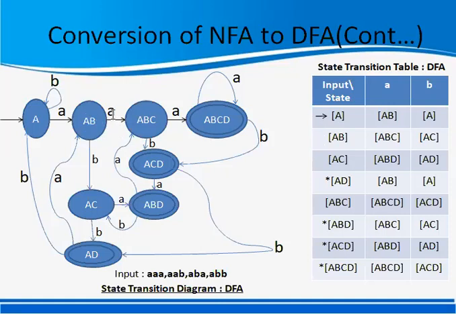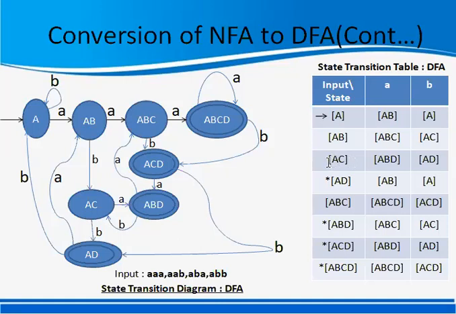From state AB, on input small a, the next state will be ABC. Now on input small b, the next state will be AC.